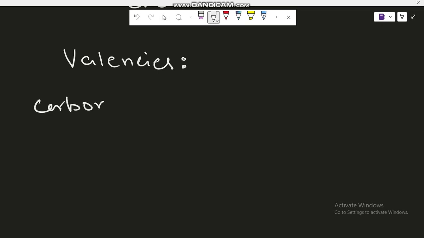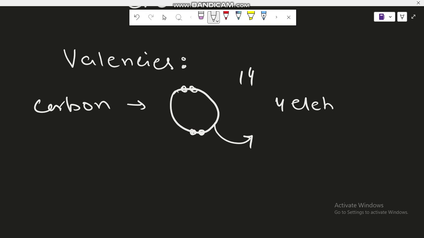Carbon's configuration is 14, and its outermost shell has 4 electrons. To complete this shell, it is going to be covalently bonded to other atoms which will share 4 electrons, which means that carbon can make 4 bonds.